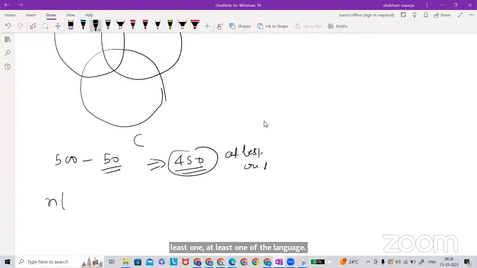Suppose the number proficient in Python, n(P), is 285.